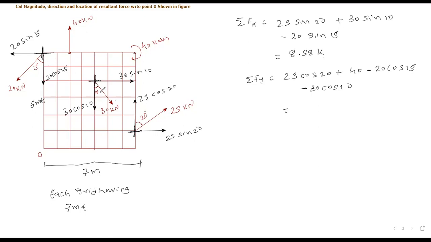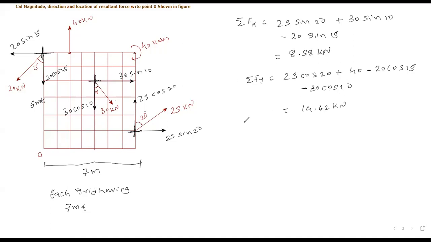Similarly, give me now sigma fy: 20 cos 20 upward positive, 40 upward positive, minus 20 cos 50 negative, minus 30 cos 10 negative. I hope it is clear to all. Please tell me what is sigma fy. 14.62. Theek hai, we will calculate.